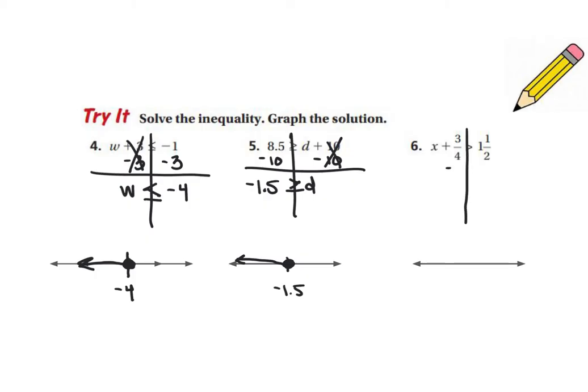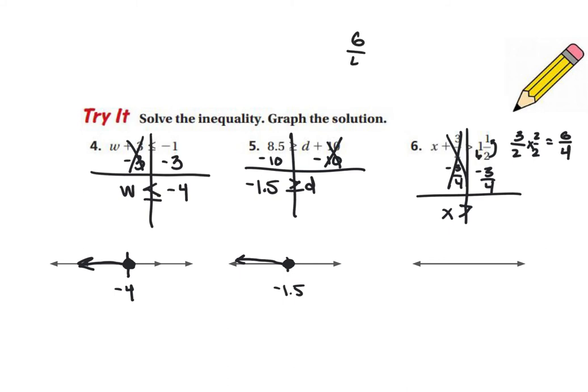Number 6, we're going to take away 3/4. On the left side, opposites cancel, leaving you with x is greater than. And now on the right side, some of you will probably choose to find a common denominator here. And many of you will choose to convert this into an improper fraction first. 3/2 times 2/2 is 6/4.